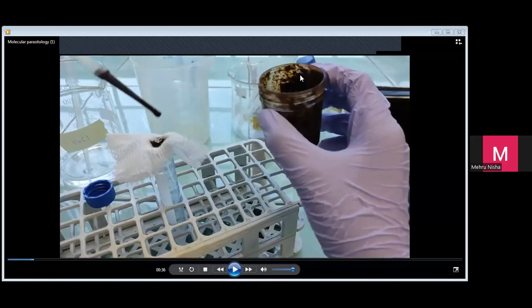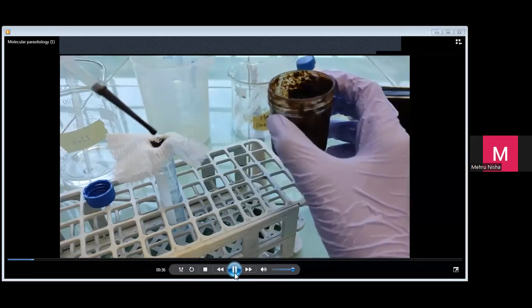So when you already have a soil sample, the first thing you must do is mix it thoroughly. Once you have mixed it well, then we will do a filtration. Filtration is important to separate the large materials in the stool, making it easier for us to extract the DNA.